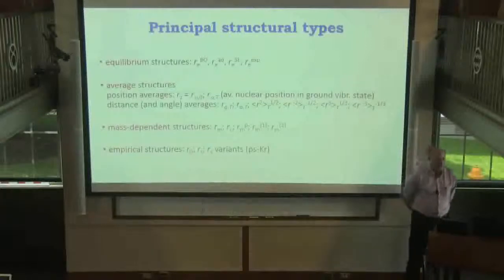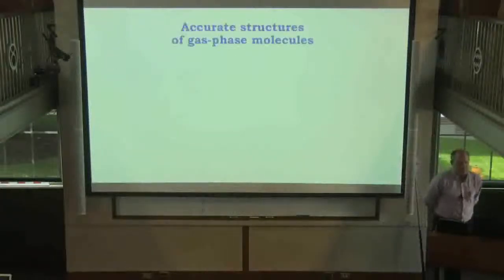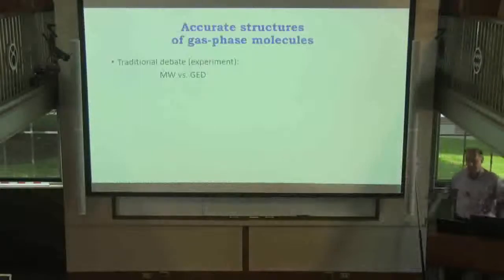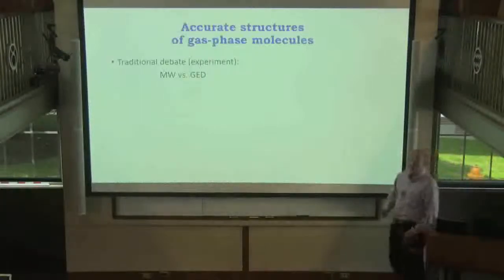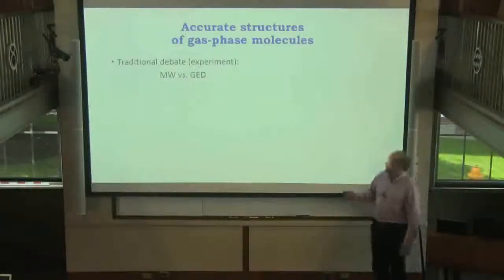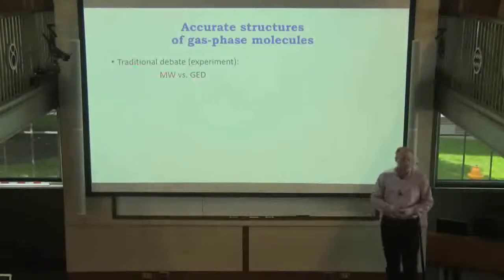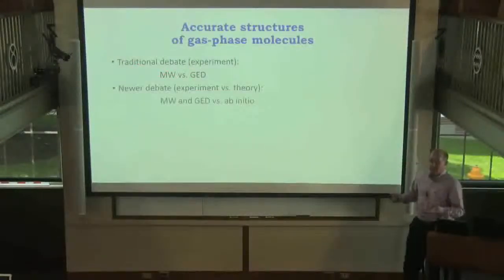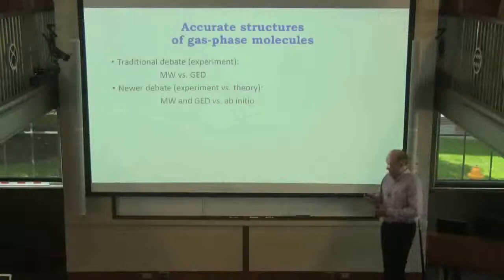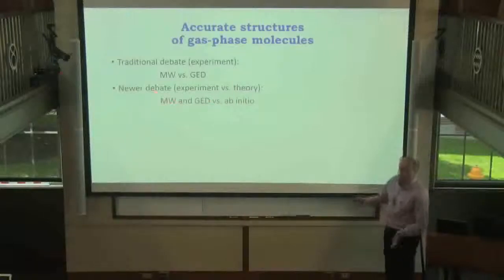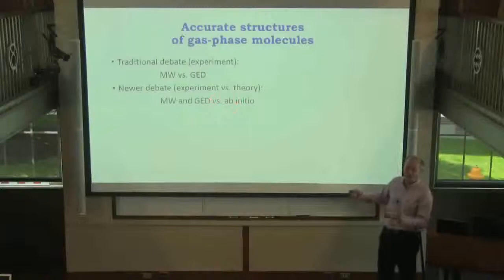Yeah. So accurate structures of gas phase molecules. Especially at this Austin symposia, at the beginning there was always a question, who is better, microwave spectroscopy or gas electron diffraction? Who provides the more accurate structures? This debate went on for a long time, and then theory came in, and then experimentalists, now microwave people and gas electron diffractionists, were trying to fight ab initio people, because ab initio people said, oh, we can compute better structures than you can measure.